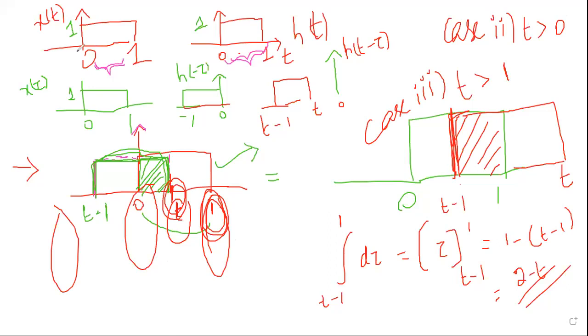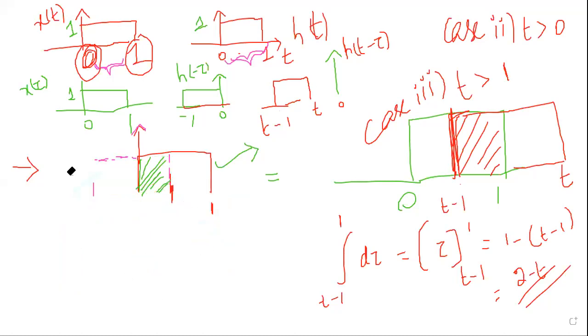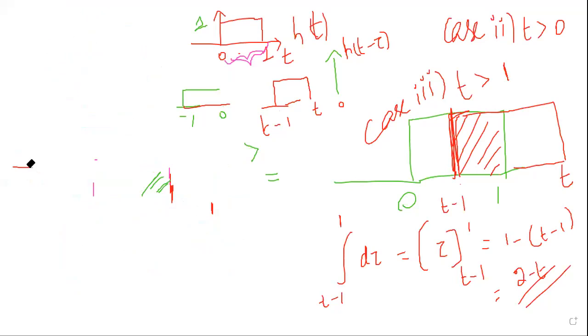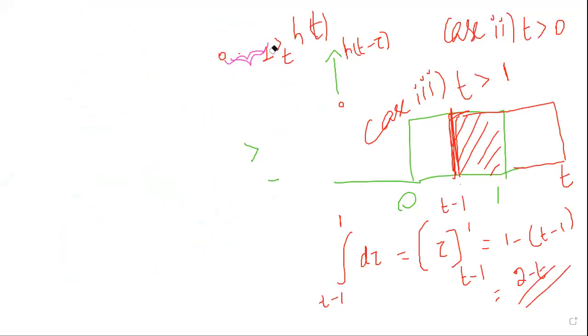Since in the question they have given 0 and 1 on the x-axis, less than 0 is one condition, then t greater than 0 is one condition, and then t greater than 1 is one condition. So can you summarize the answer? You have 3 answers in this problem. I hope you understood these problems today.